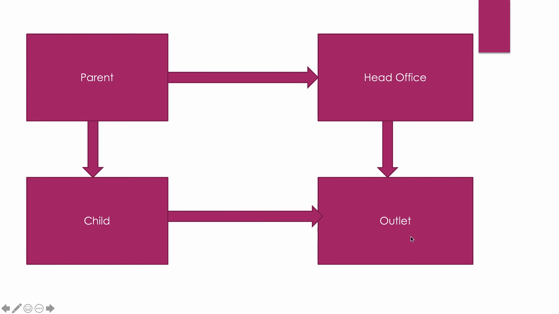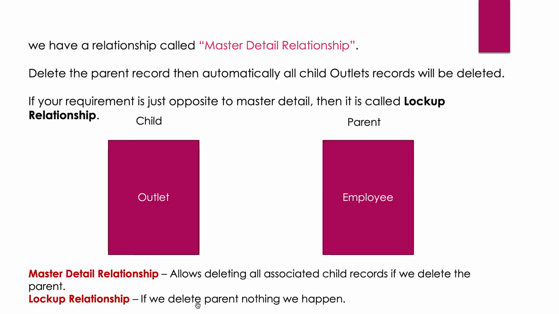What is that relationship? Master detail relationship. So here the head office is the parent and the outlet is a child. If we delete the parent record, the child will be automatically deleted. If your requirement is just the opposite of master detail, then it is called lookup. If you remove an employee, the outlet is not removed. Then lookup.